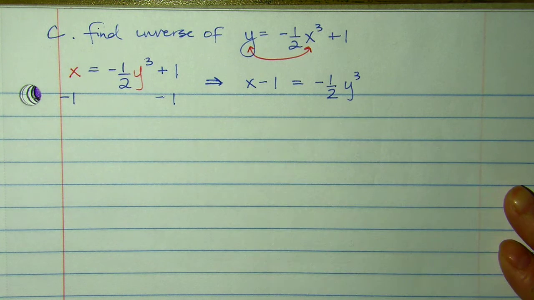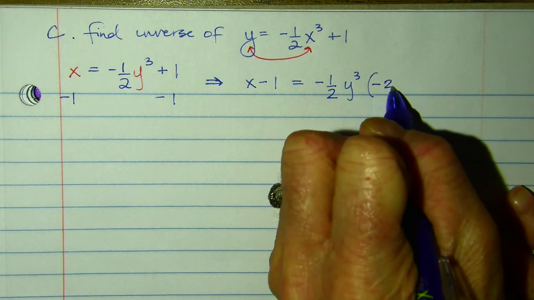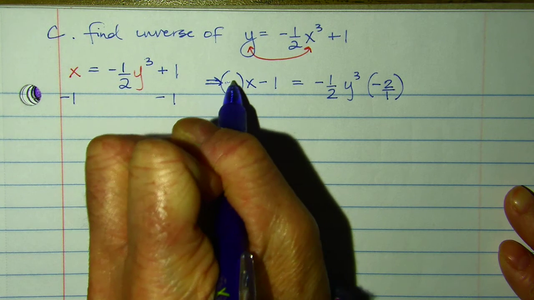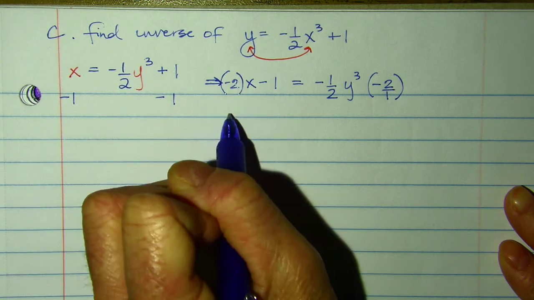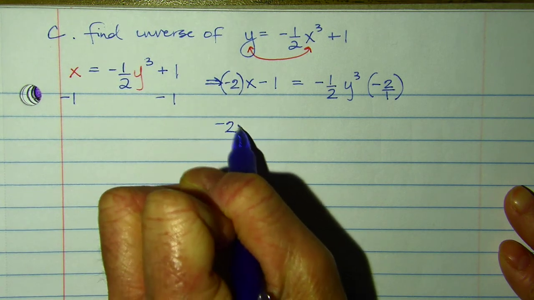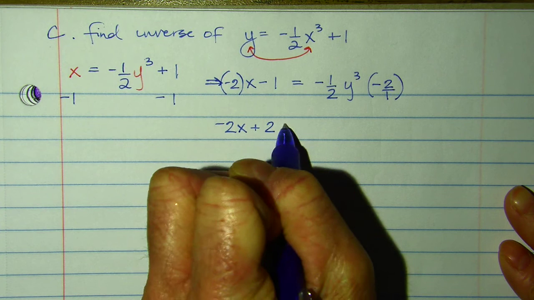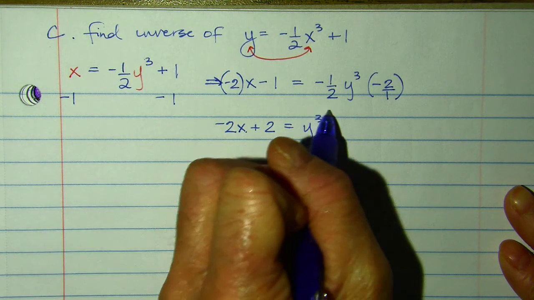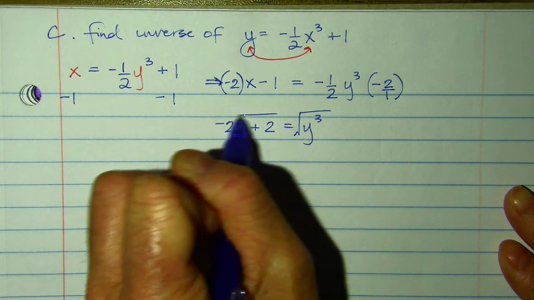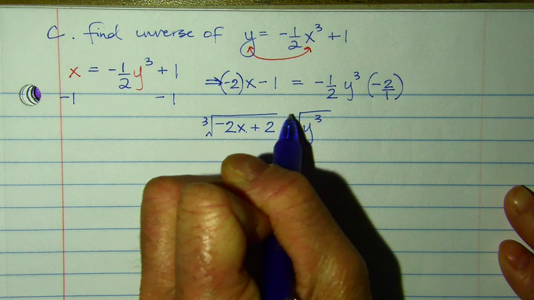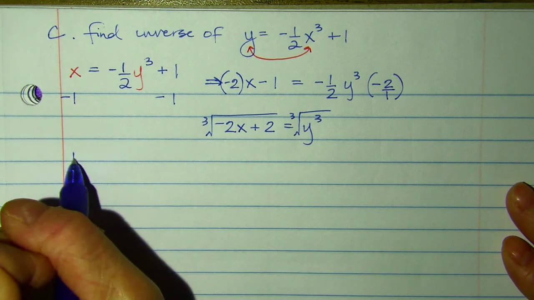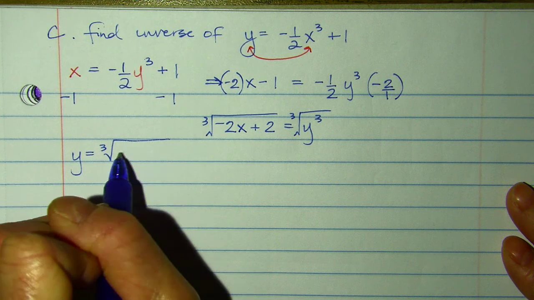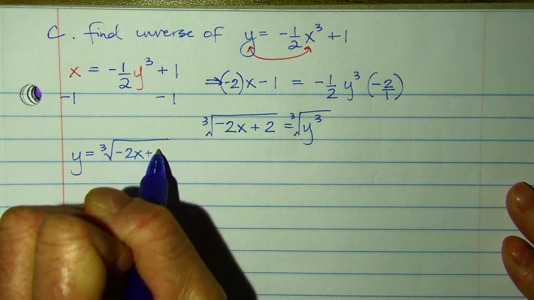To get rid of that fraction, I'm going to multiply by the reciprocal, which is 2/1, or just negative 2. I'm going to distribute on the left, so that's negative 2x plus 2 equals y cubed. The inverse of y cubed, any guess, is the cube root. So y equals the cube root of negative 2x plus 2.